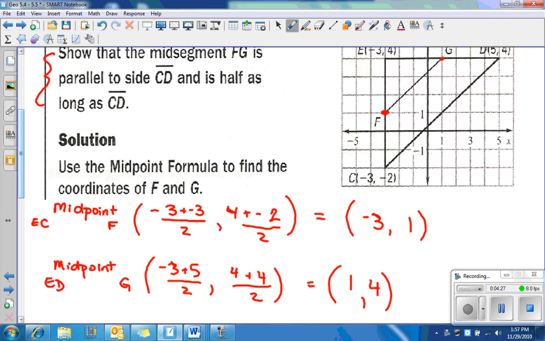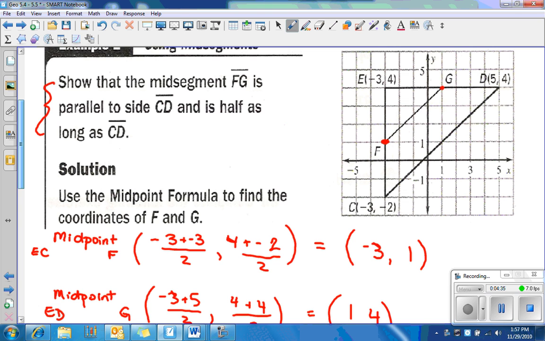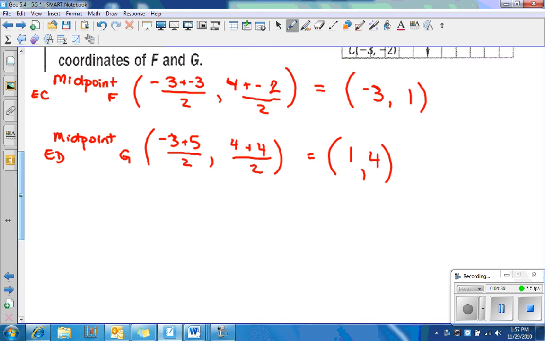And the way to do that, well, 2 things. We want to show it's parallel first, so let's do that. So to show that it's parallel, we need to find the slope of FG and the slope of CD.